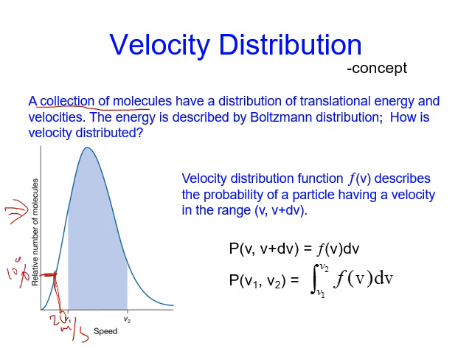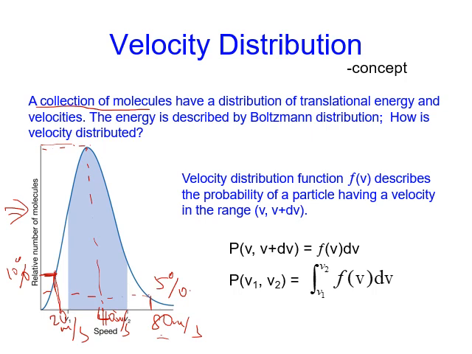But some actually have very high velocity, let's say 80 meters per second, and the percentage of molecules with this velocity is 5%. Here is the highest percentage of molecules, and the velocity here is, let's say, 40 meters per second. So 40 meters per second has the maximum probability or percentage of molecules.